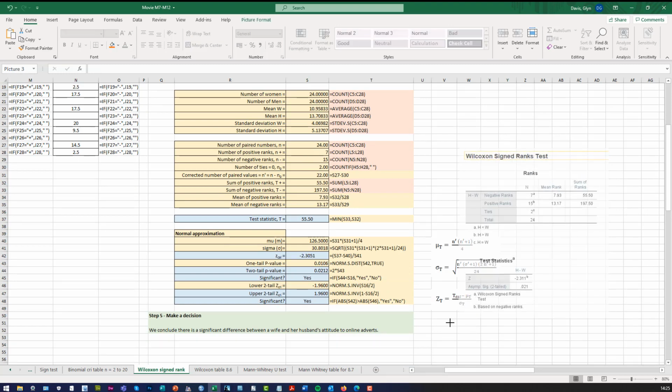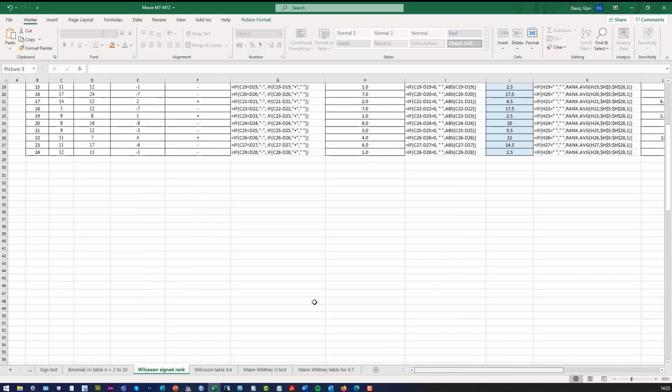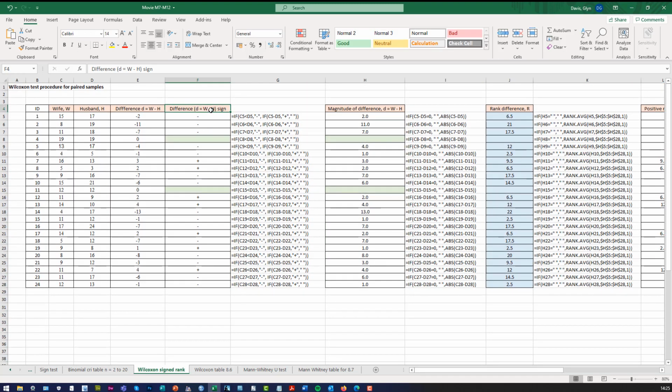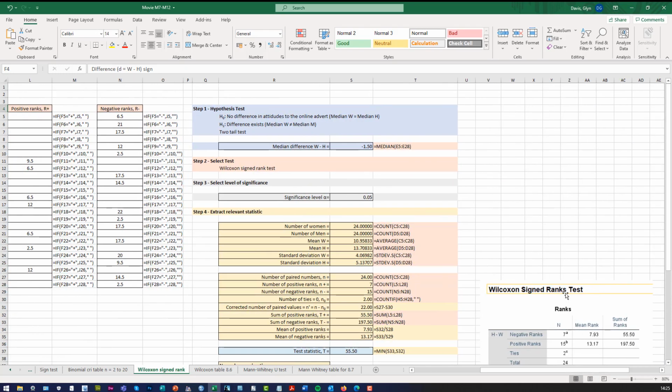So here we have the results, and we can see that this is swapped round so that we have the negative ranks. We have 7 now. We've swapped them around in terms of definition, because what they've done is H minus W, husbands minus wives. We did it the other way around, W minus H, so the signs just swap around.